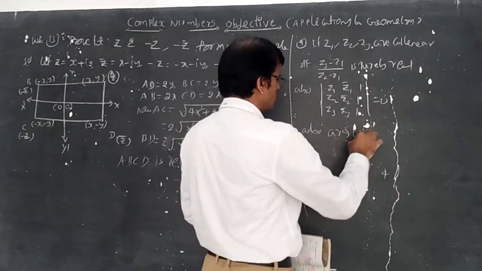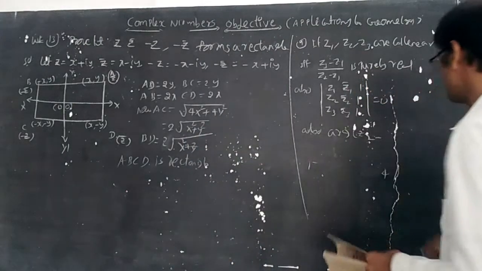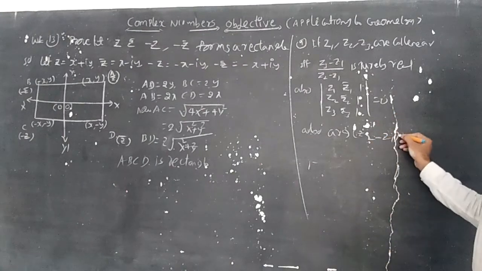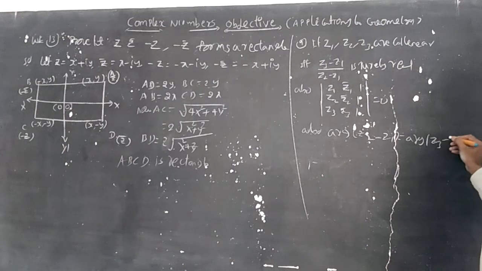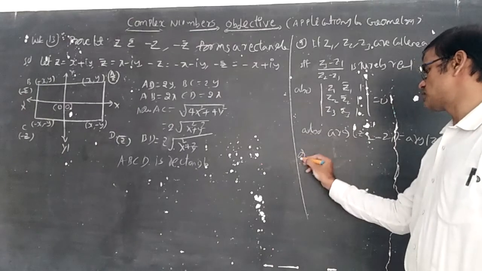And also, argument of z2 minus z1 equals argument of z3 minus z1, or the slope concept.